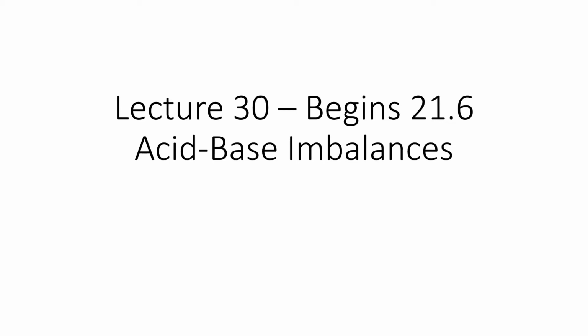You should also be familiar with the terms, and look up at the top of the figure now, acidosis and alkalosis. Notice then that if a person's arterial blood pH is below 7.35, more acidic than 7.35, then we say that person is in a state of acidosis.